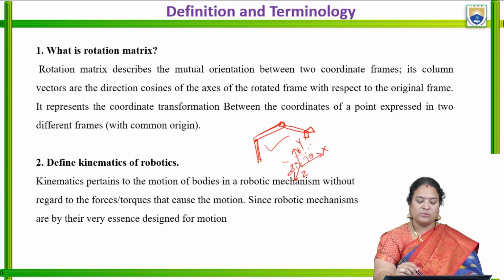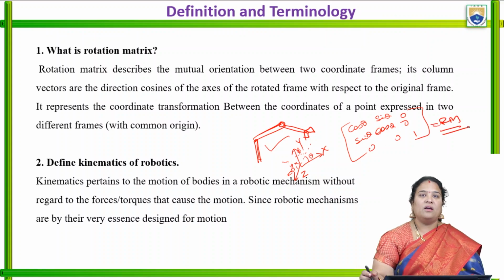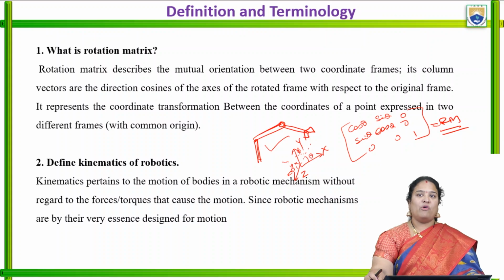For axes x and y, we write the rotation matrix as cos theta, sin theta, 0, sin theta, cos theta, 0, 0, 0, 1. This is how we write the rotation matrix for any robot which has two coordinate frames.